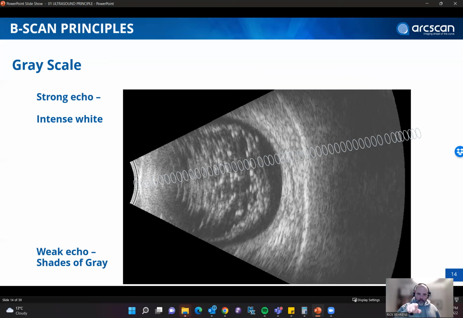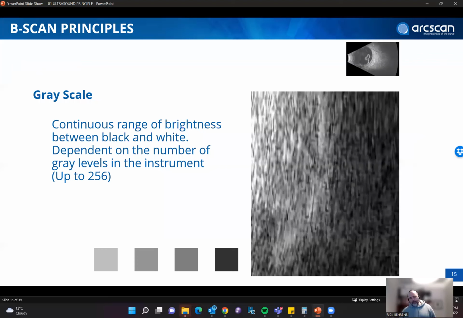So it's a bunch of lines, A scans, put all together to give you that image, and that's why it's called B. B scan is for brightness. That means the brighter, the wider; the not so bright, the less white it is. It works on 256 gray scales. It's more than 50 shades of gray.